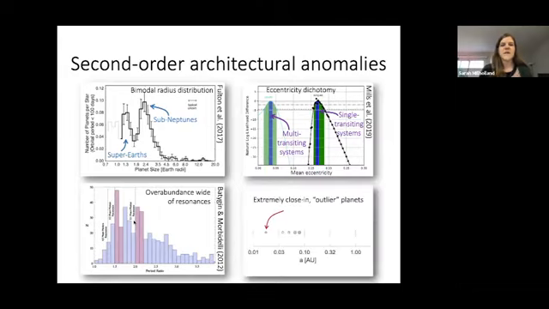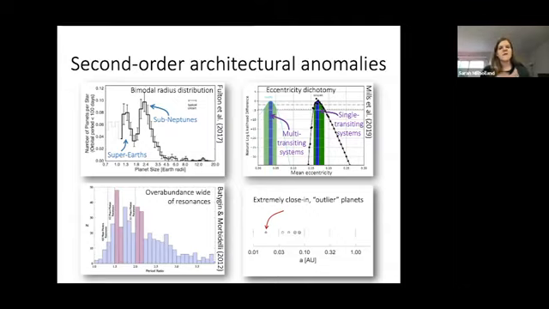And finally, there's this subset of systems with extremely close-in outlier planets that are separated off from the inner edge of an otherwise fairly uniformly spaced system.